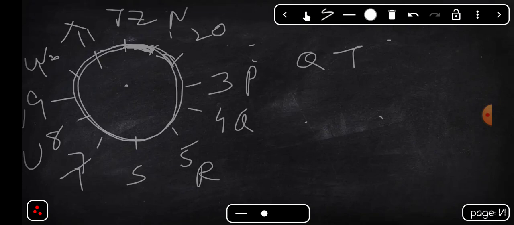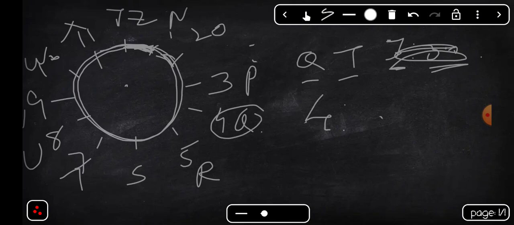Suppose it is 7:30. First we talk about the hour hand. 7 indicates the hour and 30 indicates the minute. At the same time, for QT, where is Q? Q is in the 4, that means 4. Where is T? T is 7, and 7 means 7 into 5, 35. That means the time will be 4:35.